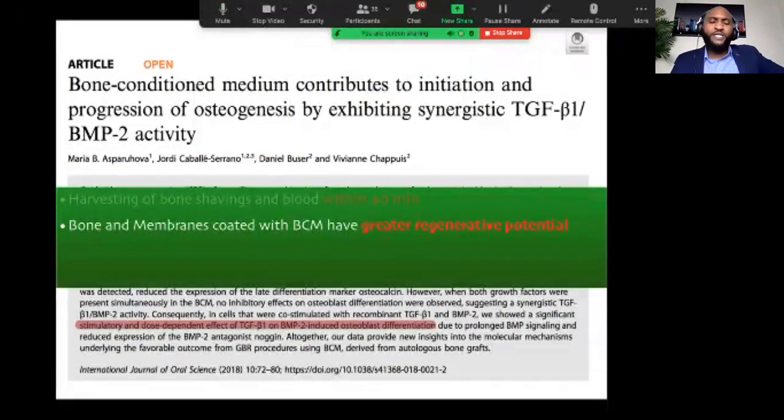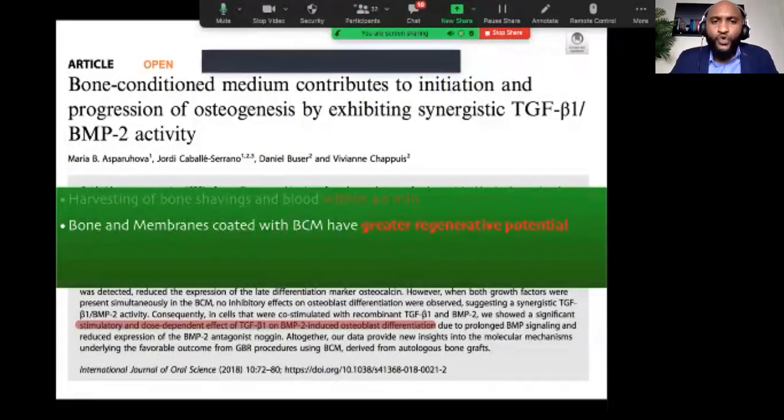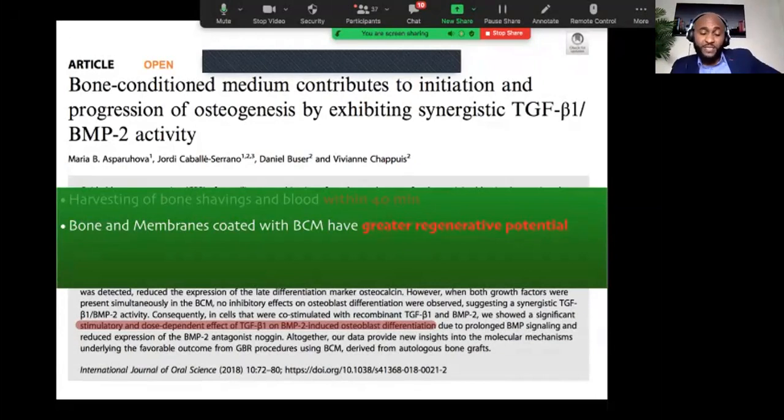So they advocate that if you are still to use the xenograft or whatever else, coat that bone substitute material with this bone conditioned medium, and also coat your membrane with the same. You get a better treatment outcome.